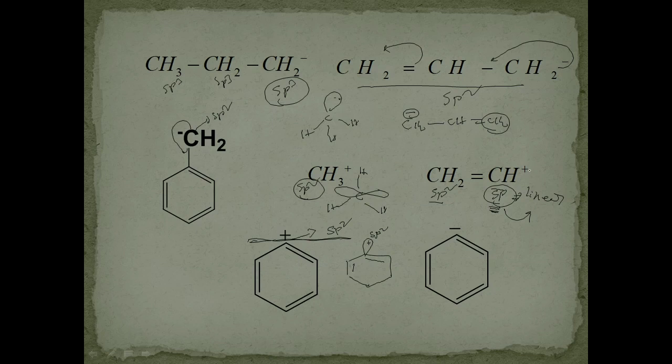But in the sp case, of the remaining 2 p orbitals, one p orbital forms a pi bond and one p orbital is vacant. But in this case, it is sp2 hybridized, the remaining 1 p orbital forms a pi bond, and this one sp2 hybrid orbital is vacant. Why? Because this one only remains in sp2 hybridization.